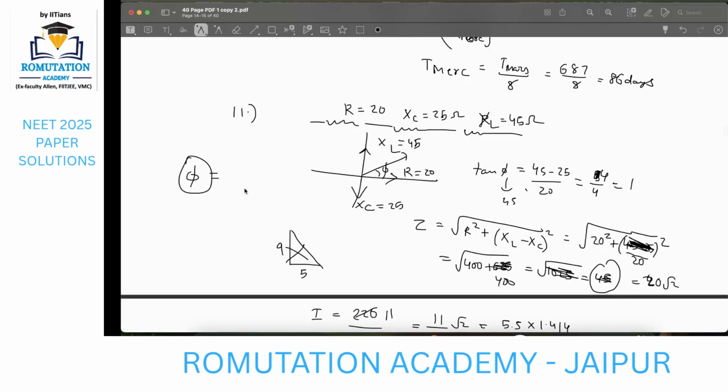So that's why the current should be lagging here, right? Definitely inductor is like that only, it lets the current come into the picture later on. So that's why the current will be lagging.